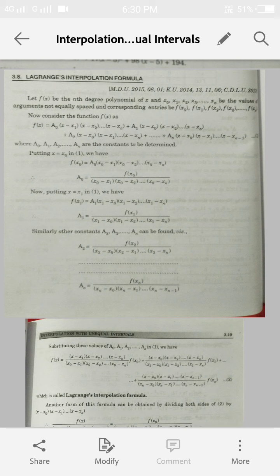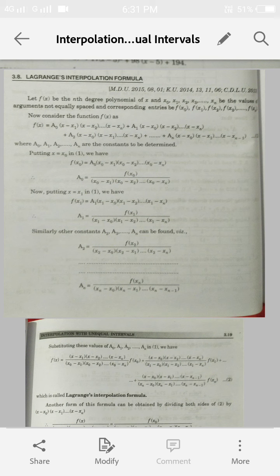Look here. Let f(x) be an nth degree polynomial of x, and x0, x1, x2, x3 and so on up to xn be the values of the arguments, and these arguments are again not equally spaced, and their corresponding functional values are f(x0), f(x1), f(x2), f(x3) and so on, and the last value is f(xn).